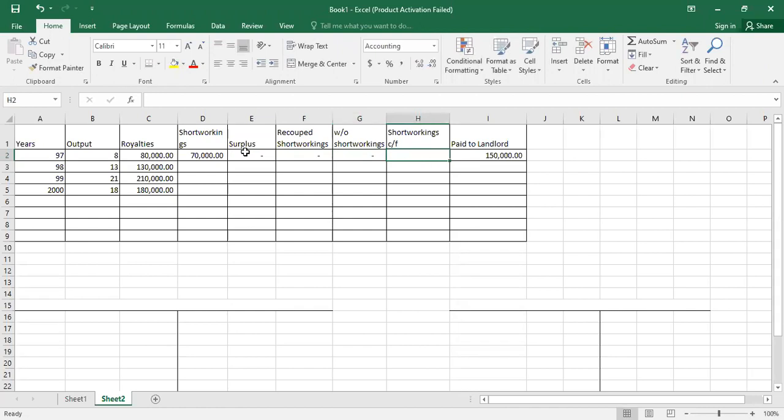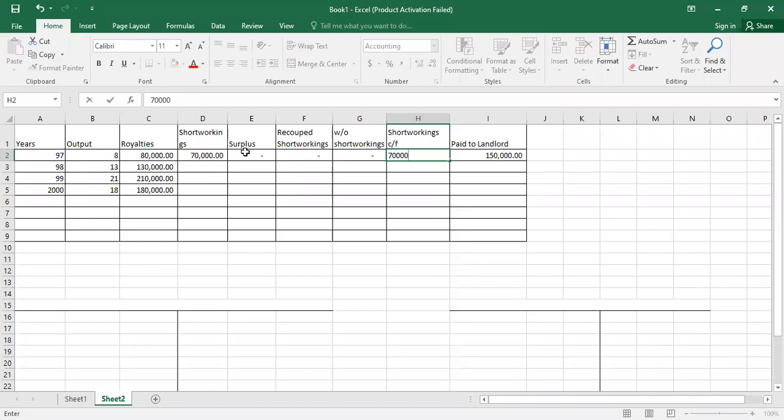So do you have any short workings that were carried forward? Guys, the short workings recouped is the lower of the surplus and the short workings. So do you have a carry forward? You have a carry forward, isn't it?